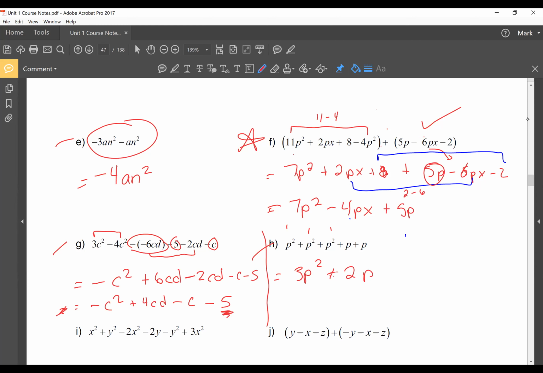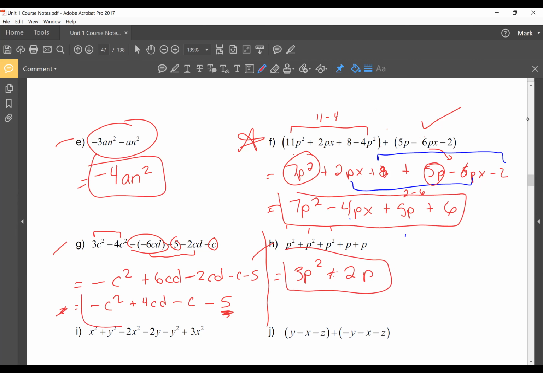There was nothing I could do with the 5p or the 7p squared, so they stay. And then finally, 8 minus 2, which is plus 6. There is your answer. Sometimes I put a square around my answers, so there's all of my answers. Sorry for the mess, but there you go. All right, cool.